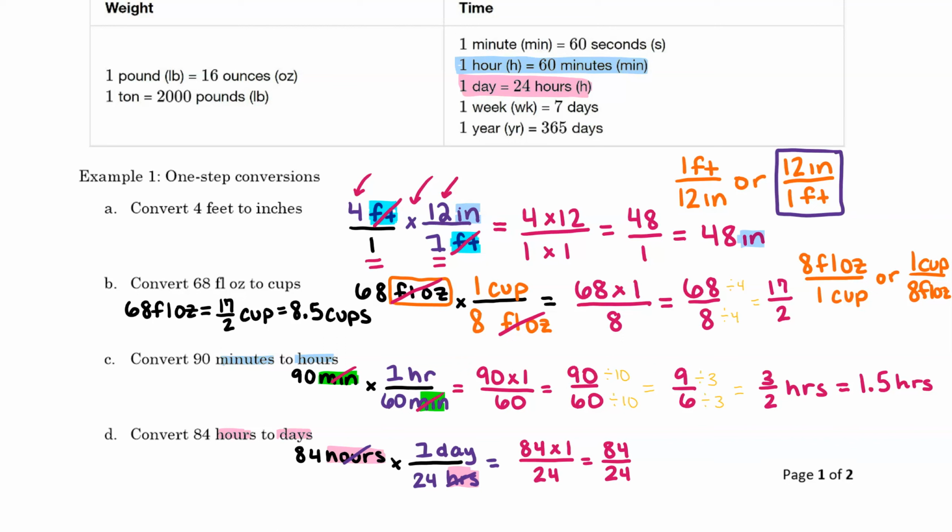Now, again, we can simplify this fraction. It looks like both of those are going to be divisible by 4. So let's start there. We'll divide by 4, divide by 4. So 84 divided by 4 is 21. 24 divided by 4 is 6. Okay, well, 21 and 6 are both divisible by 3.